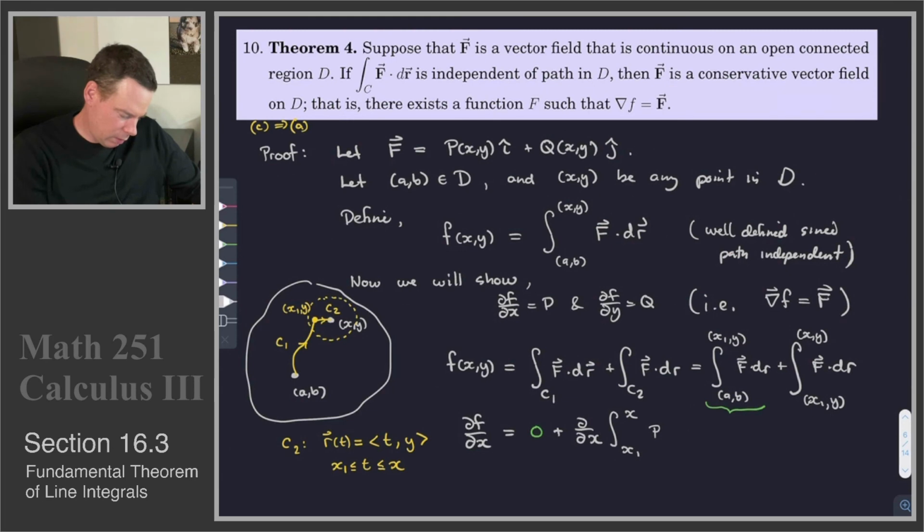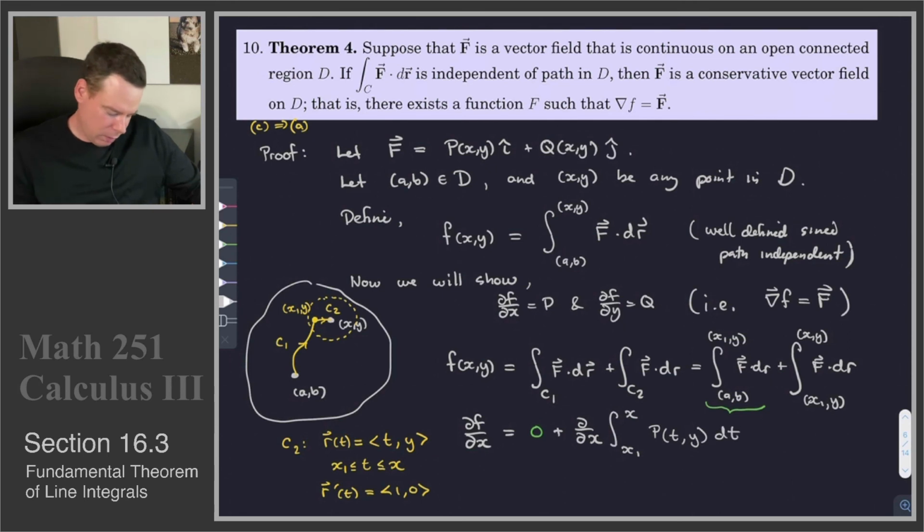Maybe I should write that down here. r prime of t is 1, 0. So that means when I work out this F dot dr, I get the P part surviving, and then I get a dt. And that's P at what? It's P at the parametrization of the curve, t,y, and then we get a dt there.